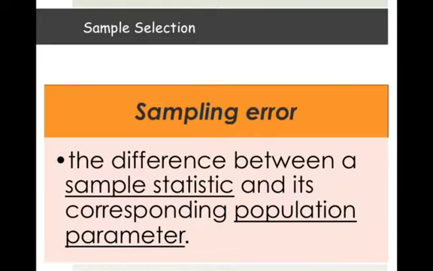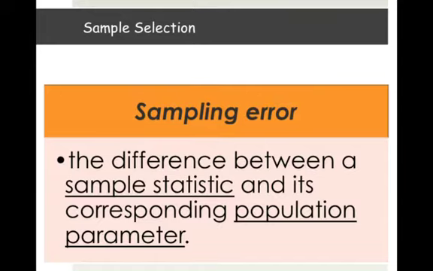That's one example. So, of course, then there's going to be error, and this was referred to as sampling error, which is the difference between the sample statistic, or the sample, and its corresponding population parameter. So what's the difference between those 10 NIU freshmen I choose and all NIU freshmen at large?